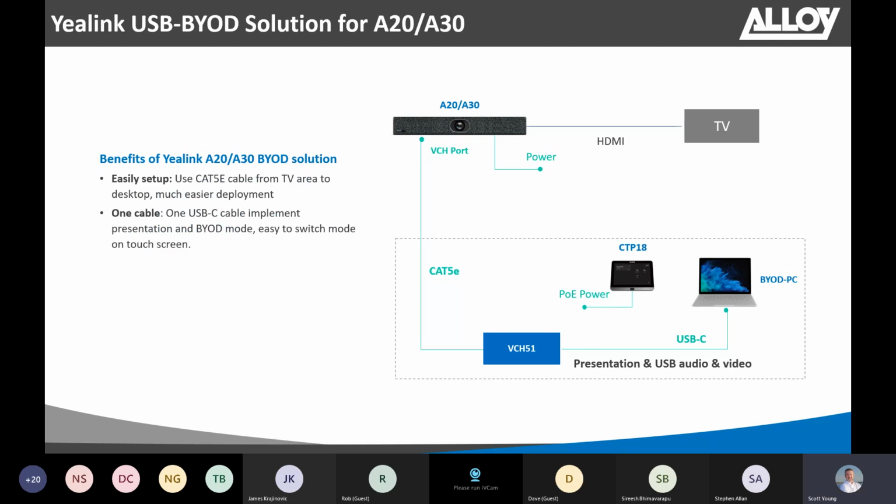If we look at this slide here, we can see the connectivity for the A20, A30 and the peripherals that come with it. So the A20, A30 natively will support either Zoom or Teams. So that means we can only run Teams or Zoom, depending on the model that we buy, from this unit.